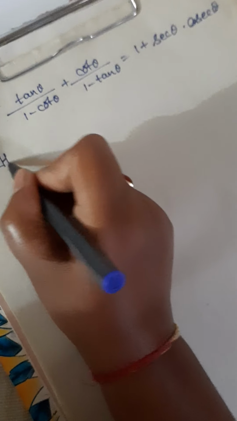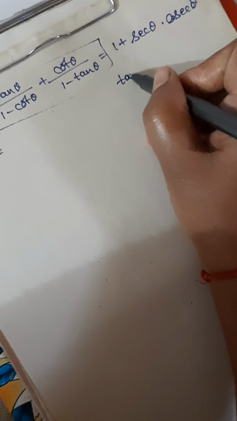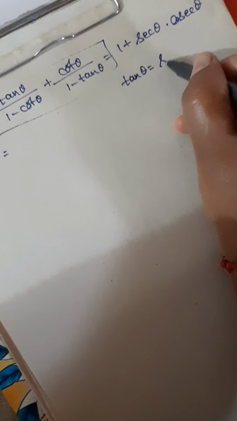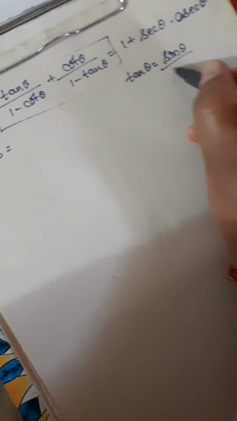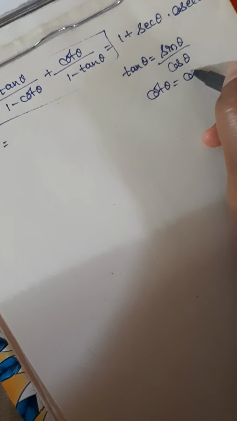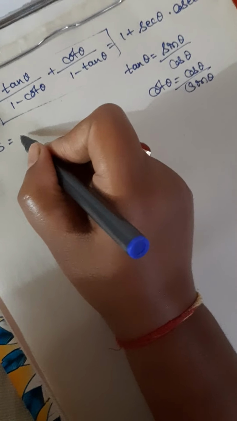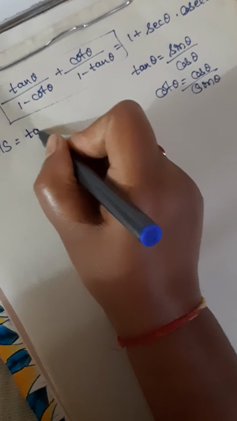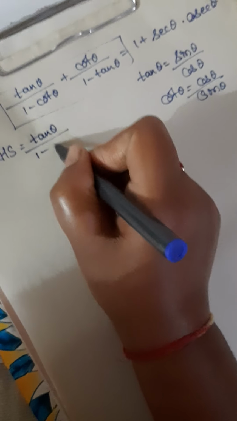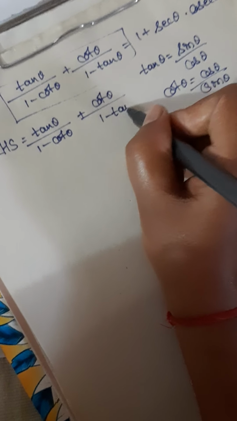So LHS: tan theta will be changed as sin theta divided by cos theta, and cot theta will be changed as cos theta divided by sin theta. So let's put this one here.